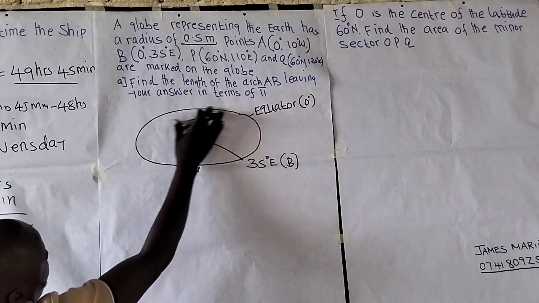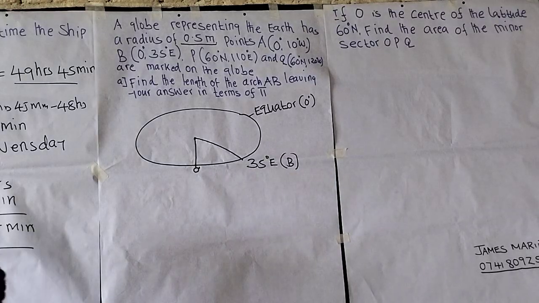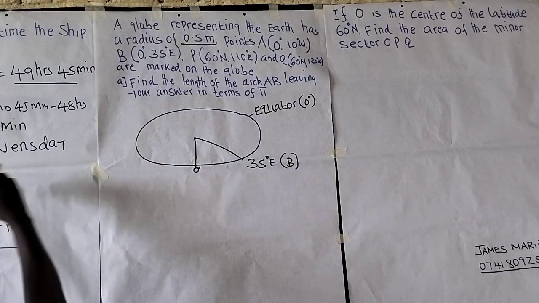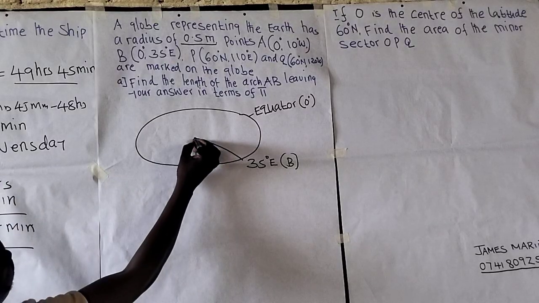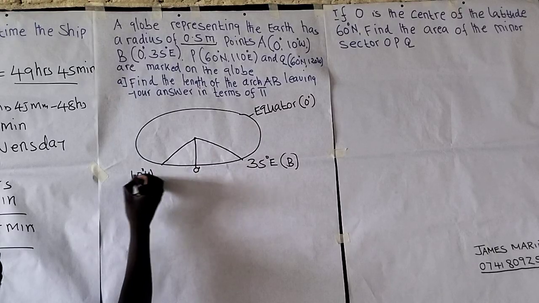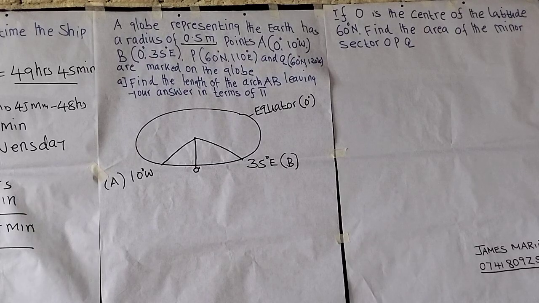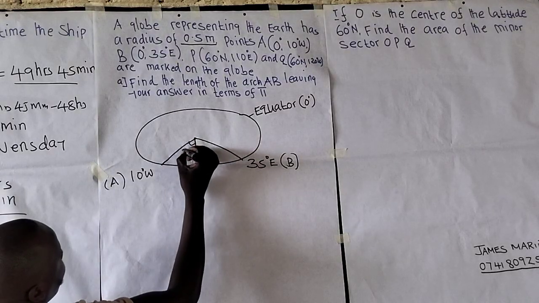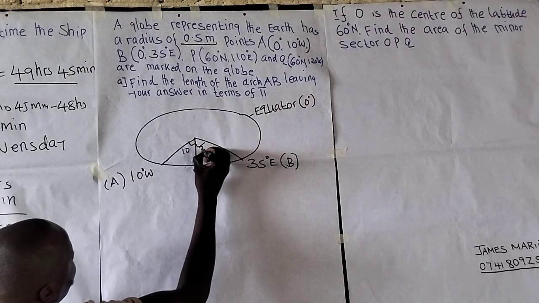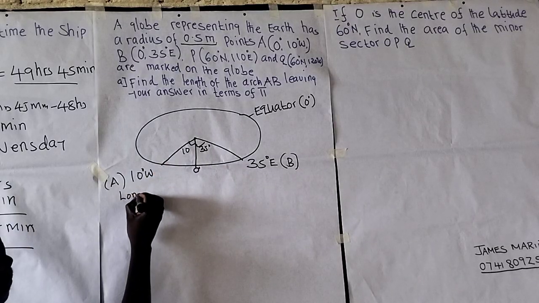From 0 degrees to 35 degrees east, we have point P. From 0 degrees to 10 degrees west, we have point A. We are supposed to find the length of the arc, so we need the longitude difference.